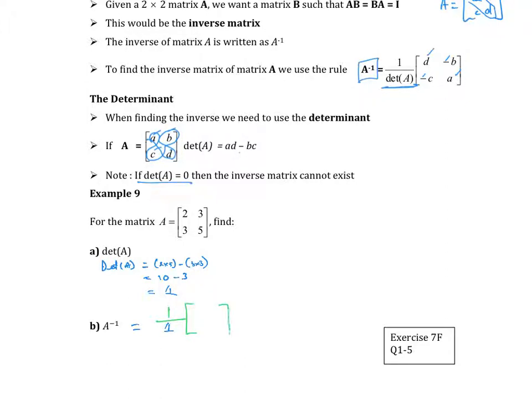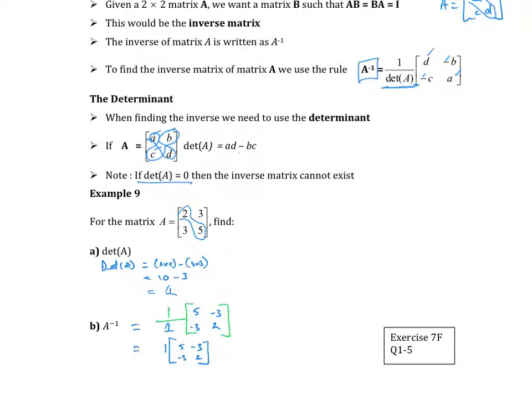And what happens to the matrix? We swap over A and D. So I swap those two values, so it becomes now 5 and 2. And the other two corners, I change the sign. All right. So if I simplify that, 1 over 1 is just 1. And we get 5, negative 3, negative 3, 2. That's the inverse matrix. All right.